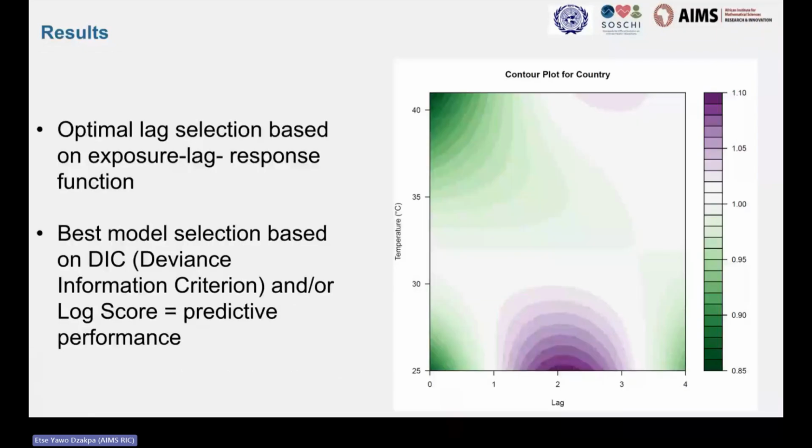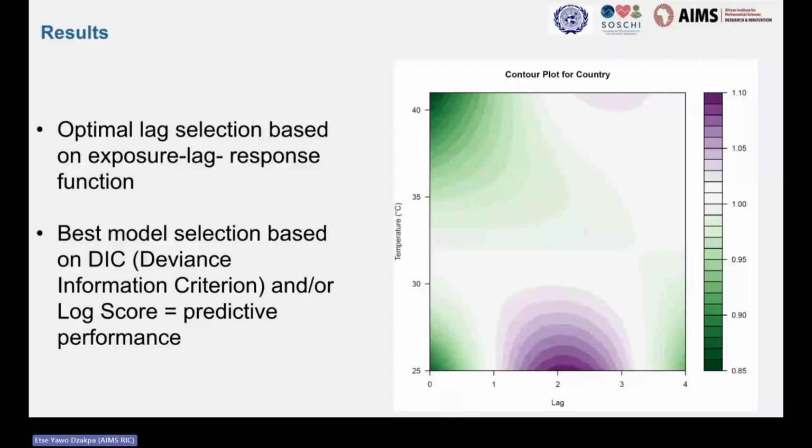So one of the elements that we need to consider when we want to use the model that we propose is the lag definition, because we said that there is a delay effect. So we need to know the maximum lag, the maximum delay effect that we need to include in the model. We have a way of calculating it and identifying the maximum lag to be used.